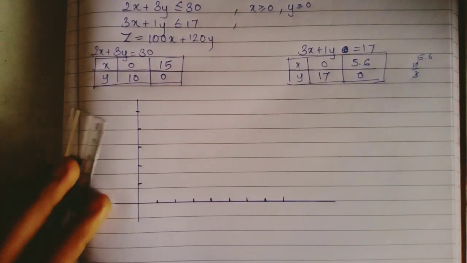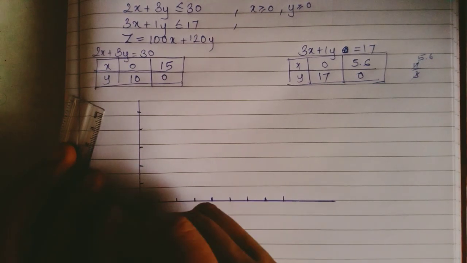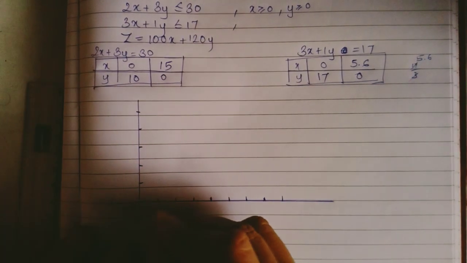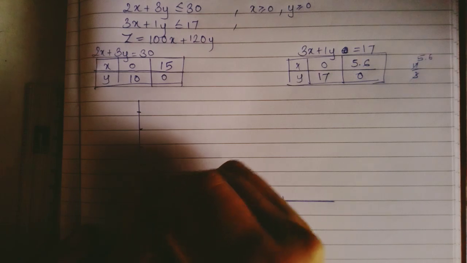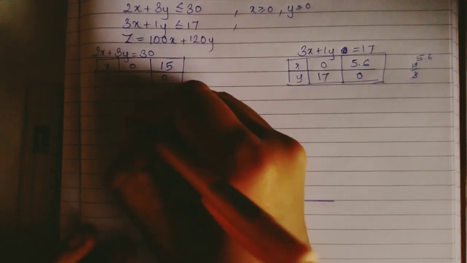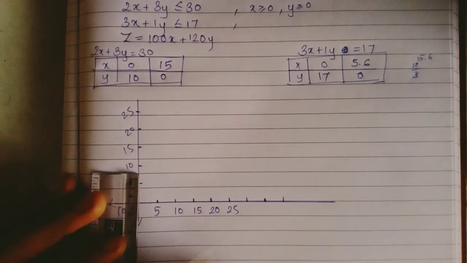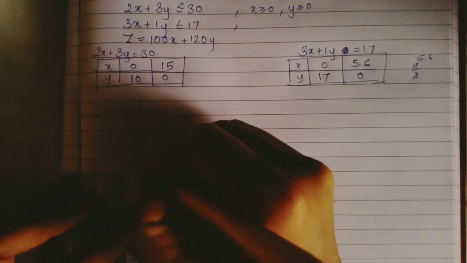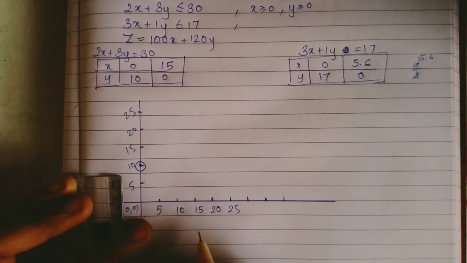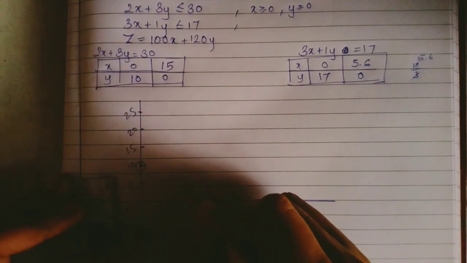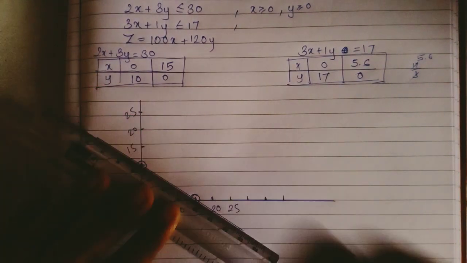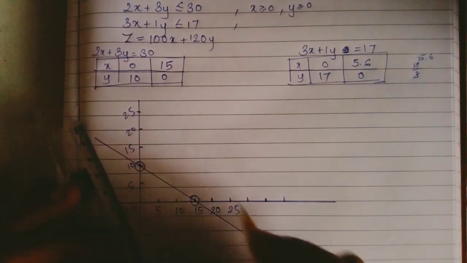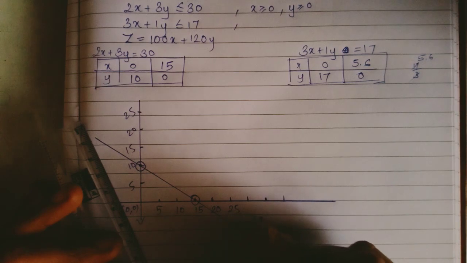I have taken 0, 0, then a scale of 5, 10, 15, 20, 25. So for x equal to 0, you will get y equal to 10. So this point. And for x equal to 15, you will get y equal to 0. So this becomes your first line, first equation. So you can label here, this is 2x plus 3y less than or equal to 30.